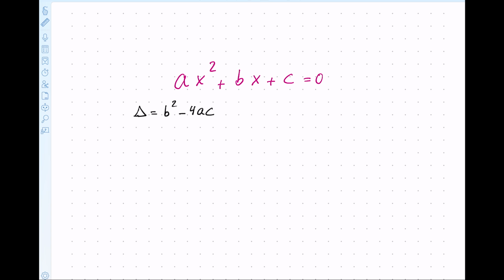So b is this value, the coefficient for x. 4 is 4, a is the coefficient for x squared, and c is this number, all right?